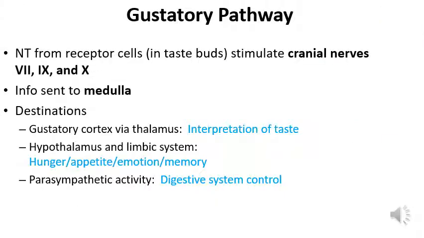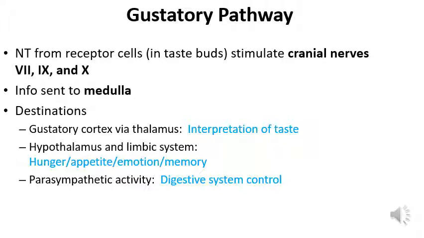Just one more thing about gustation. We're going to talk about the neural pathways that carry this sensory information into our central nervous system. Neurotransmitters from receptor cells will stimulate cranial nerves to basically send impulses into our central nervous system, specifically our brain. So now you'll need to know the cranial nerves that are involved.